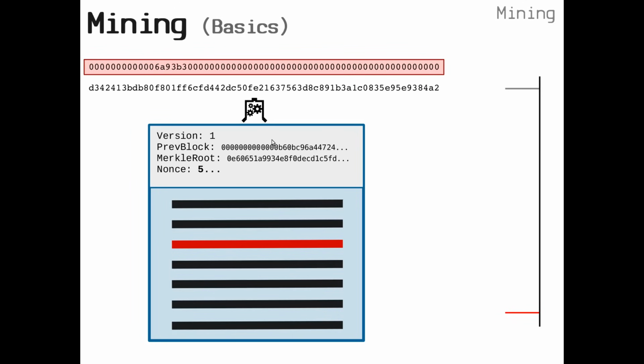Eventually, if they're lucky, this is just pure randomness and pure luck, they might guess a nonce that works and produces a block hash below the target. So here, this particular very high nonce has produced a successful block hash result.